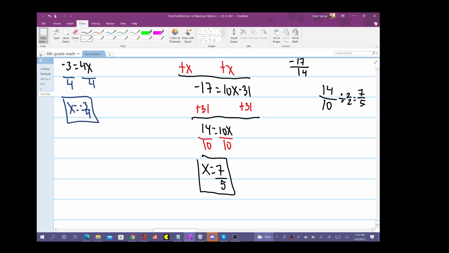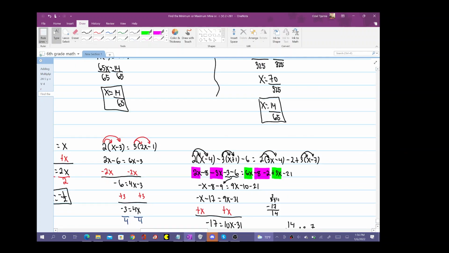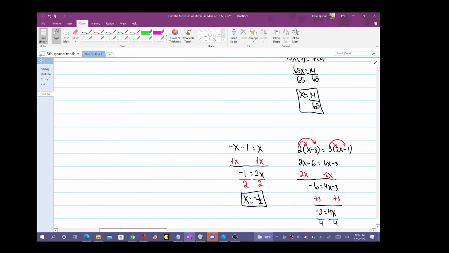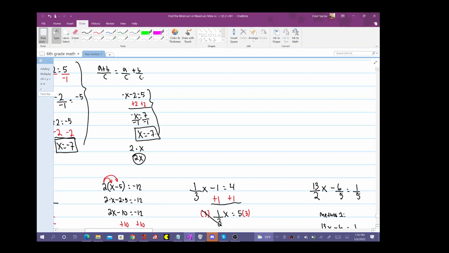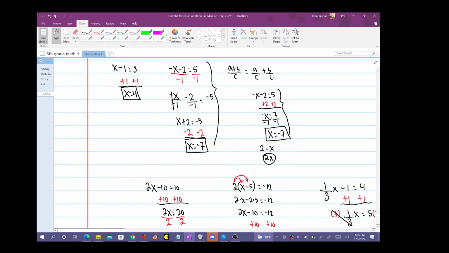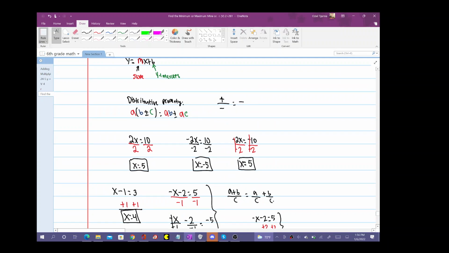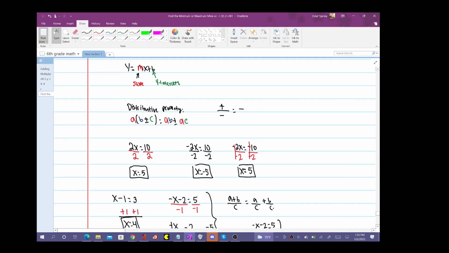That was a challenge problem, guys. But that is basically the idea behind linear equations, is that you have to know exactly when and how to do, like, distributive property.